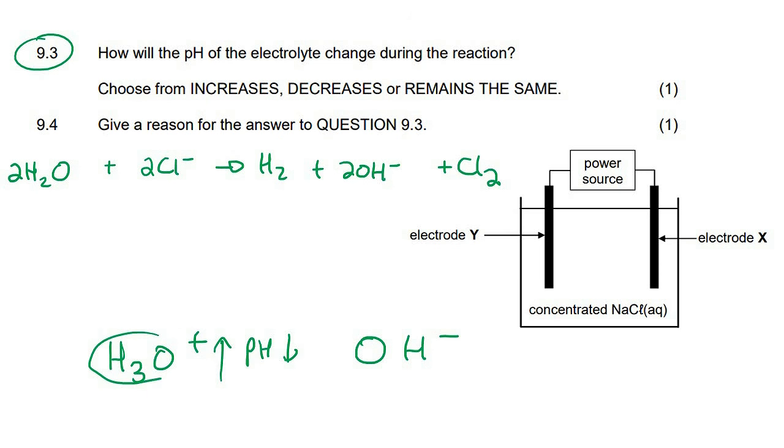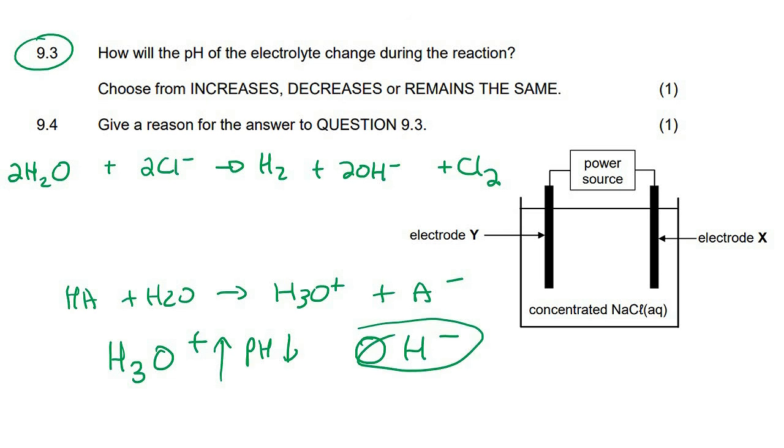Because remember, this is what acids make. Whenever acids ionize in water, they produce H3O plus. And so when that amount goes up, the pH goes down because acids have a low pH. When OH minus goes up, your pH goes up, because OH minus is what bases produce.